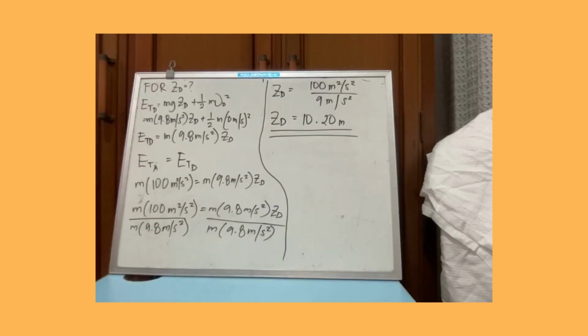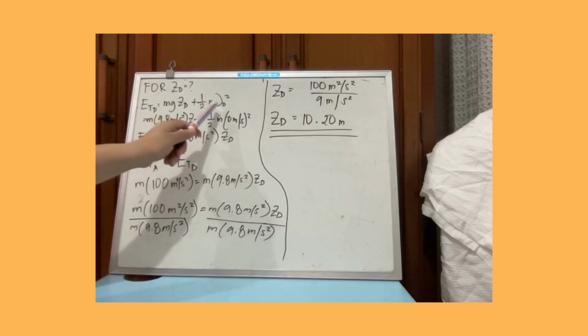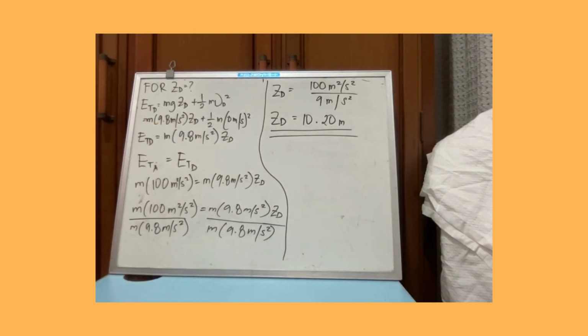To solve for Z sub D, we need to find the total energy for point D. Ito pa rin yung gagamitin natin formula. Since meron lang tayong given for G, which is 9.8 meter per second squared, and yung speed sub D natin. Doon sa problem natin, yung ginamit na energy dun is potential energy.